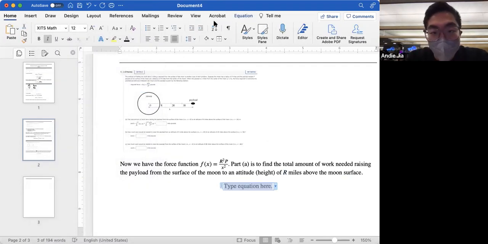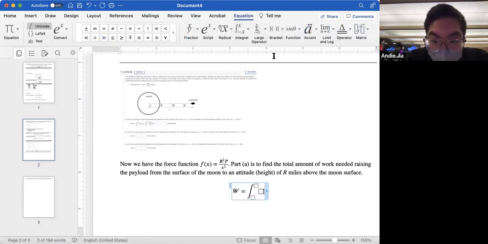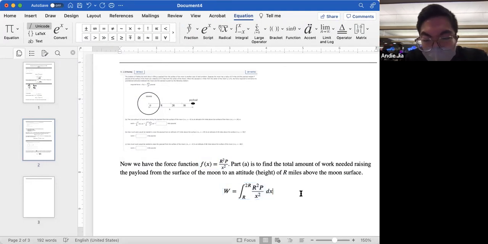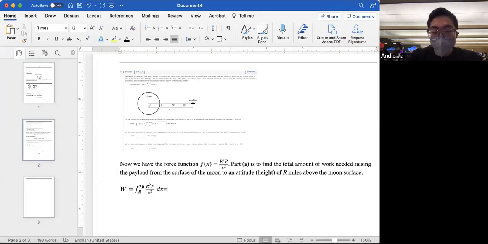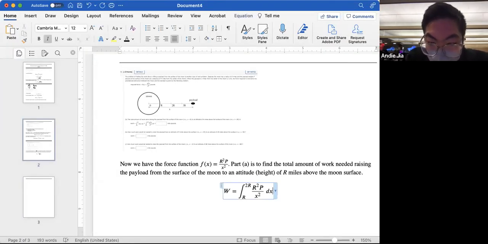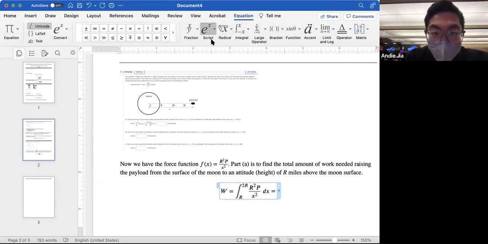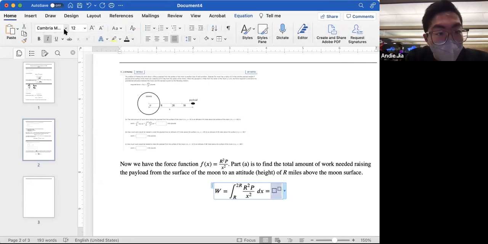It's just the upper bound and lower bound. r squared p is a constant, so we just move them out.